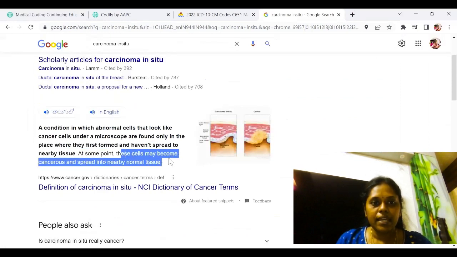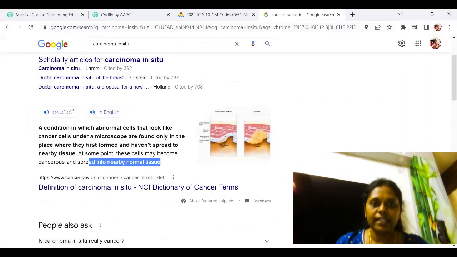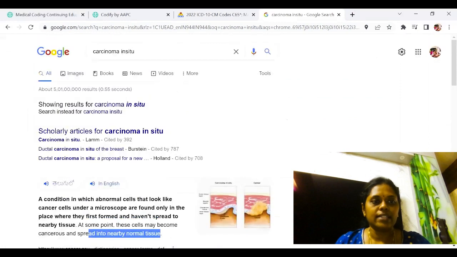At some point, these cells may become cancerous and spread to nearby normal tissue. At the time of biopsy, they are said to be cancer cells, malignant, but they will not be able to spread even to the nearby tissue. That is said to be carcinoma in situ. An example is ductal in situ carcinoma.